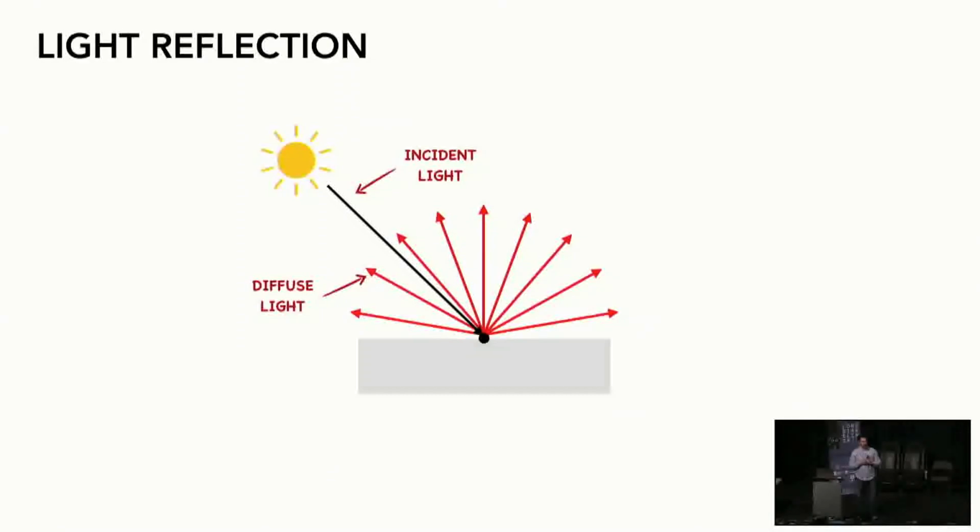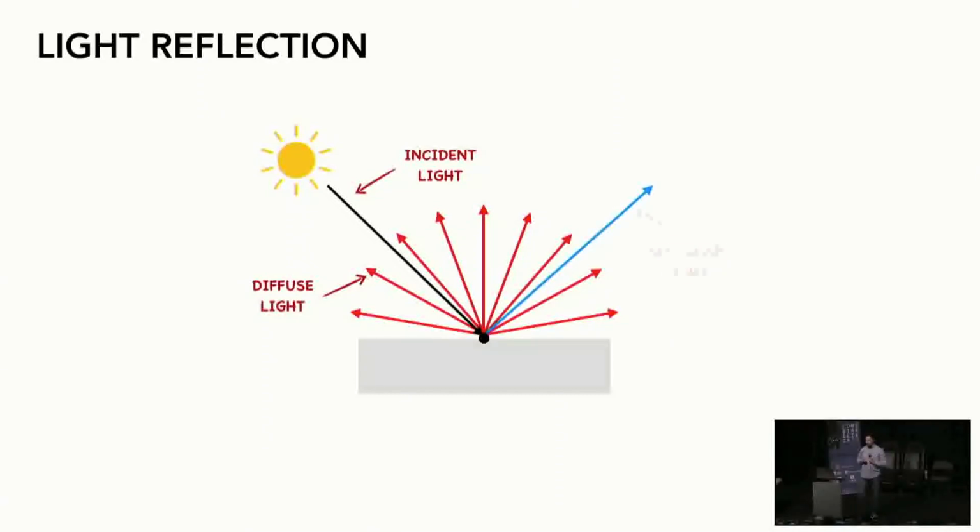Diffuse light comes off of a surface in all directions equally, and this creates a very matte effect. You can think of an object that has a lot of diffuse light as like carpeting, the shirt I'm wearing, the walls here, or a wall painted with a very flat paint. It has a very matte finish, not much shine at all. And as you move around those objects and look at them, you notice the color doesn't change at all.